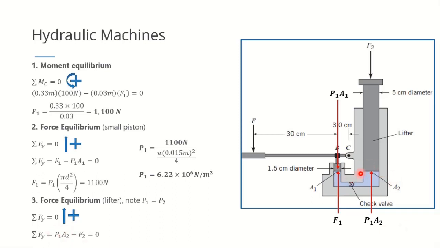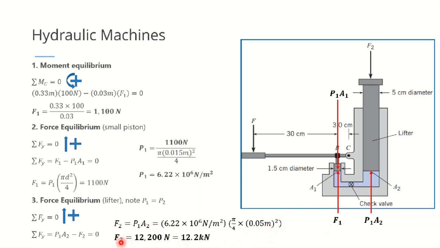So, A2 na yung ginamit natin na area dito, less F2. So, F2 yung weight ng load, equal to 0. Okay, so substitute. Pressure 1 is 6.22 times 10 raised to 6. And the area 2 with diameter 0.05 meter. Finally, we have F2 is equal to 12.2 kilo Newton.